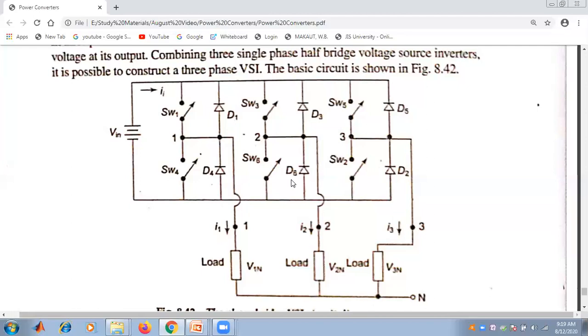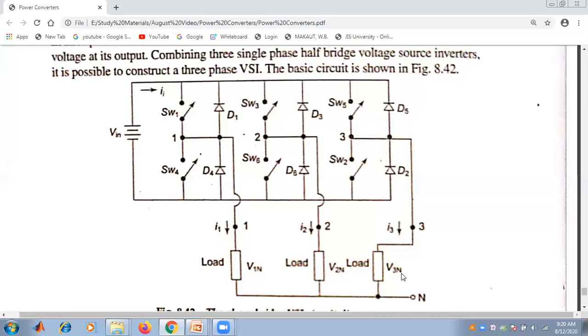Three loads are connected to a neutral point: load 1, load 2, and load 3. V1N, V2N, and V3N are the voltages across the loads to neutral. The switches may be thyristors, transistors, MOSFETs, or IGBTs, and there are six freewheeling diodes from D1 to D6.